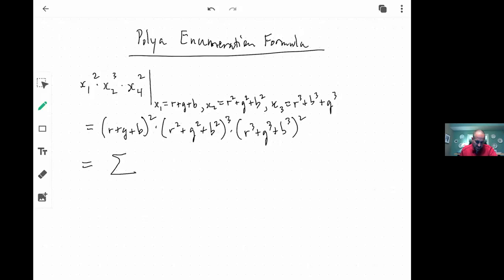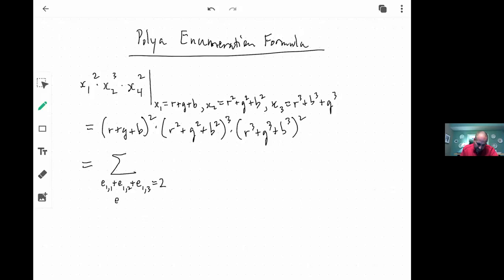Okay, so let's see here. Let's do E1,1 plus E1,2 plus E1,3. What do these have to be equal to? Well, they have to be equal to 2, okay? I'm just dealing with the first factor right here, which is a square.